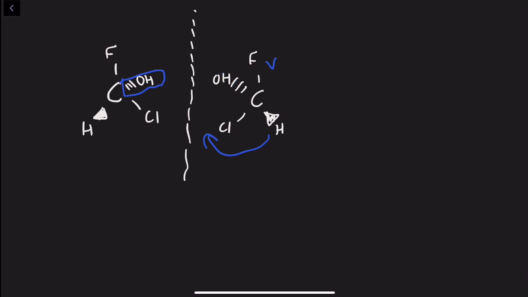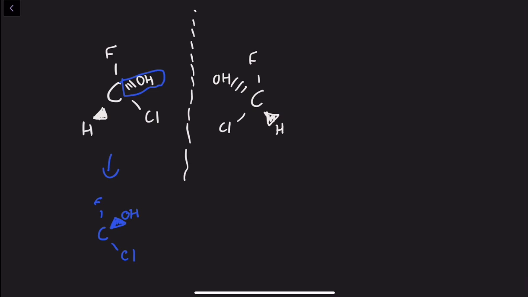And there's a couple ways you can figure it out. The first is the way that we just looked at. You can draw its complete mirror image, and that's going to be its enantiomer. The second way is to flip all of our wedges and dashes. What I mean by this is we're going to keep our chiral carbon, and we're going to keep our fluorine and our chlorine that are here, but this OH group, this alcohol group that's going into the board, we're going to make it come out of the board.